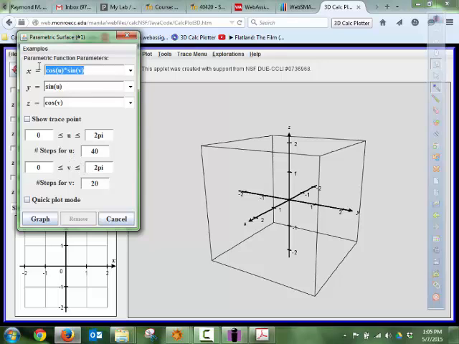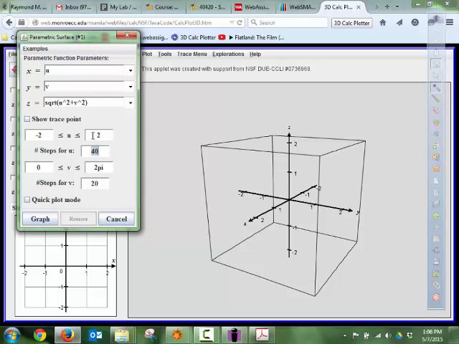So like we said, we're just going to keep x to be u, and y to be v. And then here we have the square root of u squared plus v squared. I didn't specify the domain. Let's just go from -2 to 2 or something.